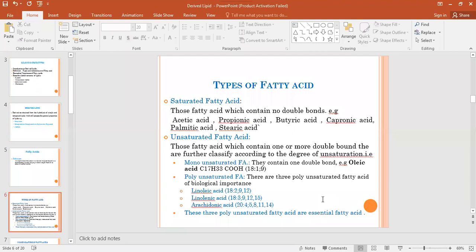Name the three essential fatty acids, the polyunsaturated fatty acids which are known as essential fatty acids. Which three unsaturated, polyunsaturated fatty acids are essential for us? Name the three essential fatty acids.